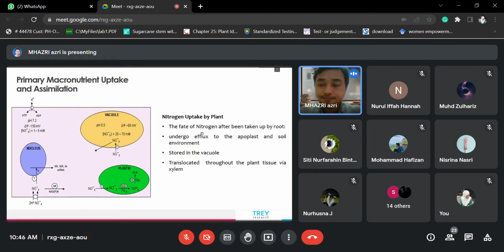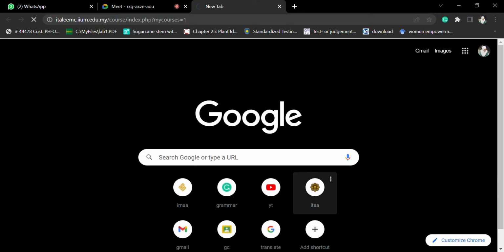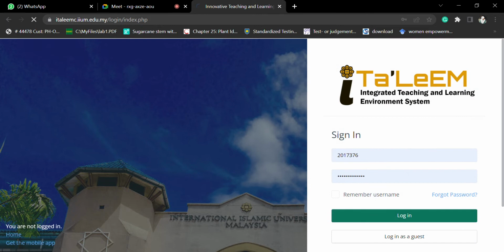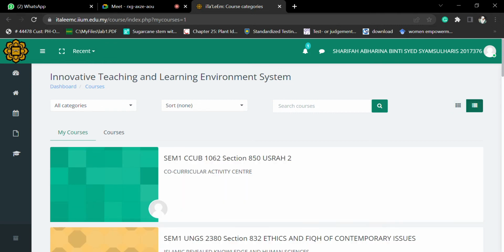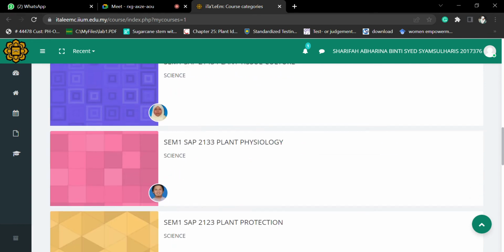It can be effluxed, go out again to the rhizosphere, or it can be stored in vacuoles and translocated throughout the plant tissue via xylem. But before it can be transported into xylem, it must be reduced to nitrite.